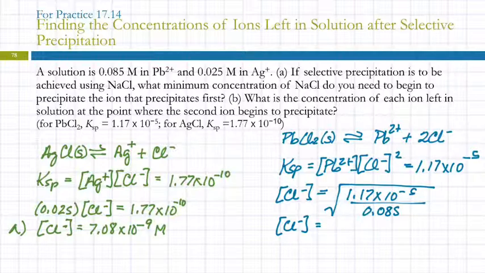I'm getting 1.17 times 10 to the minus 2. Anybody else get that? Okay. So this is the chloride ion concentration when the lead begins to precipitate.